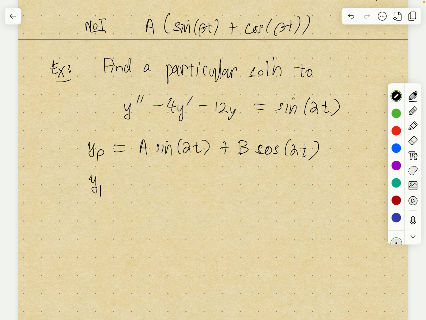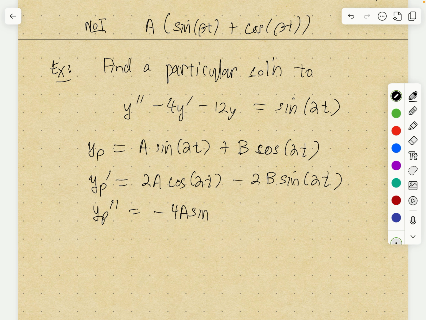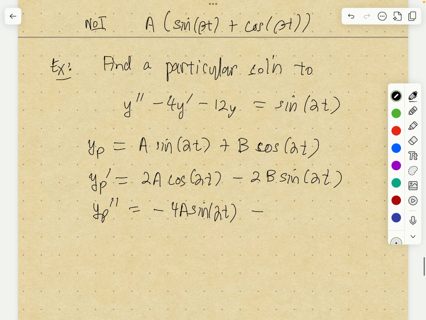Okay, so now we take the derivative, and we're going to get 2a cosine of 2t minus 2b sine of 2t, right? And when you take the second derivative, you're going to get negative 4a sine of 2t minus 4b cosine of 2t.